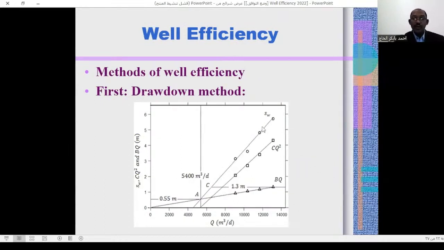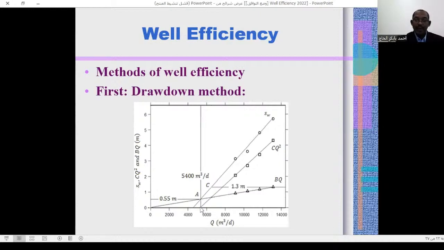Total well loss is plotted, and well losses, and lastly aquifer loss. In point A, the total well loss and aquifer loss cross. In point A, aquifer loss equals 0.55 meter, and optimum Q equals 5,400 cubic meter per day.